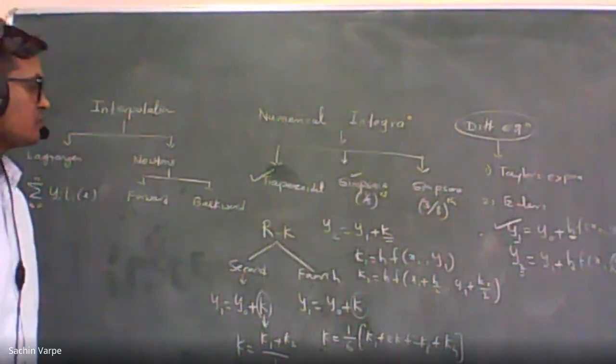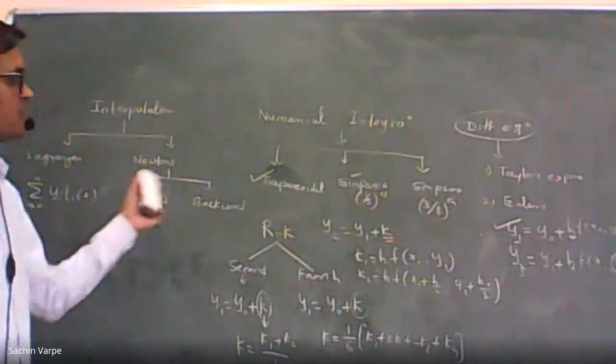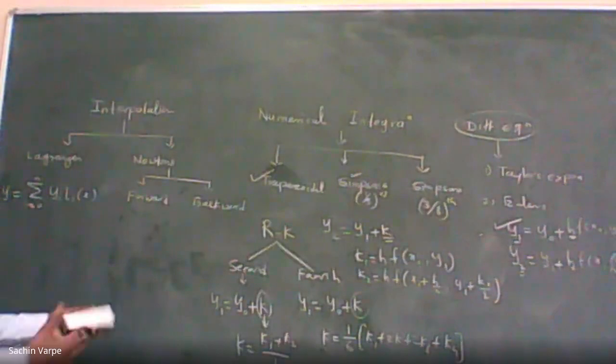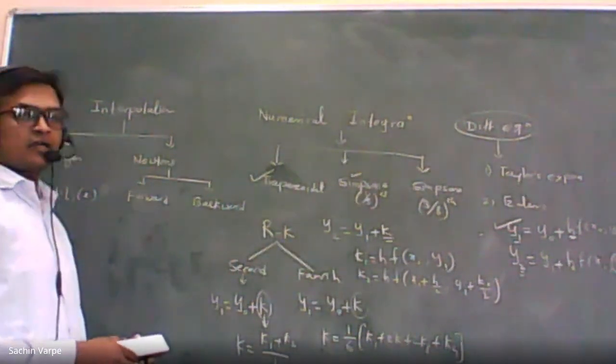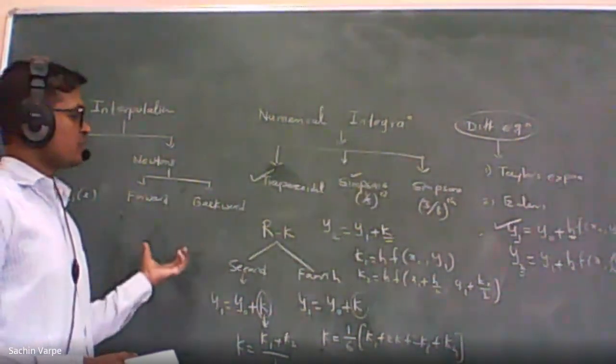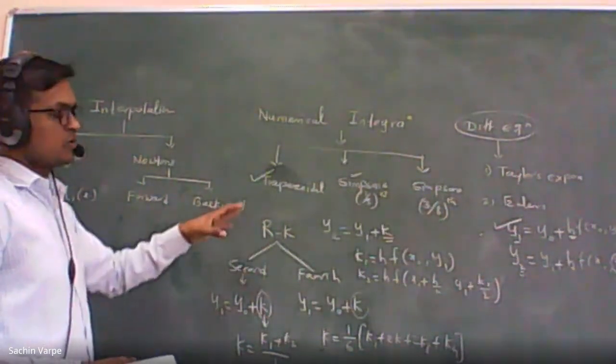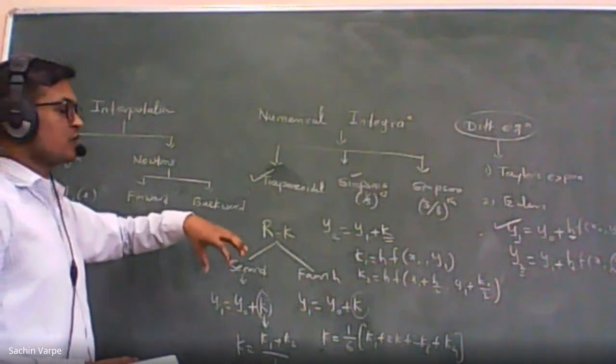Yes, sir. Then we have applied all these techniques to solve higher order differential equations. In a higher order differential equation, we have substituted lower order derivatives with a variable.